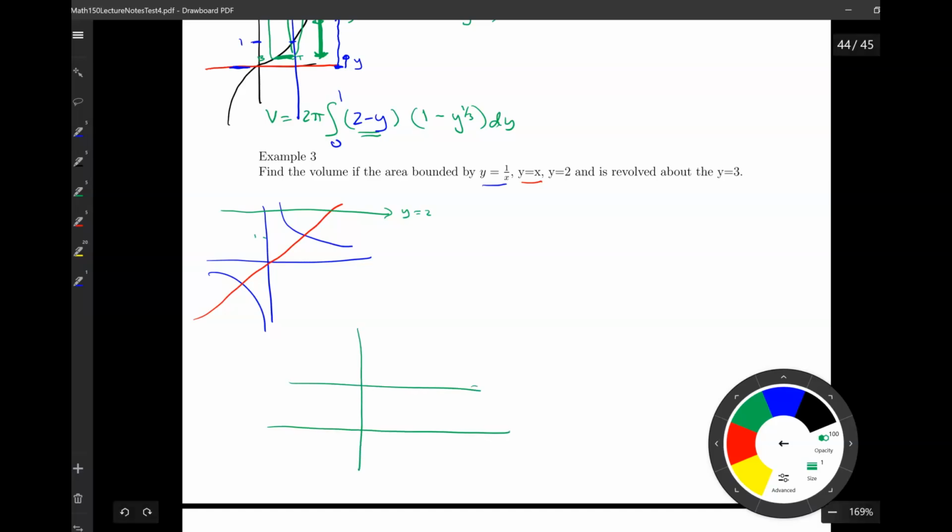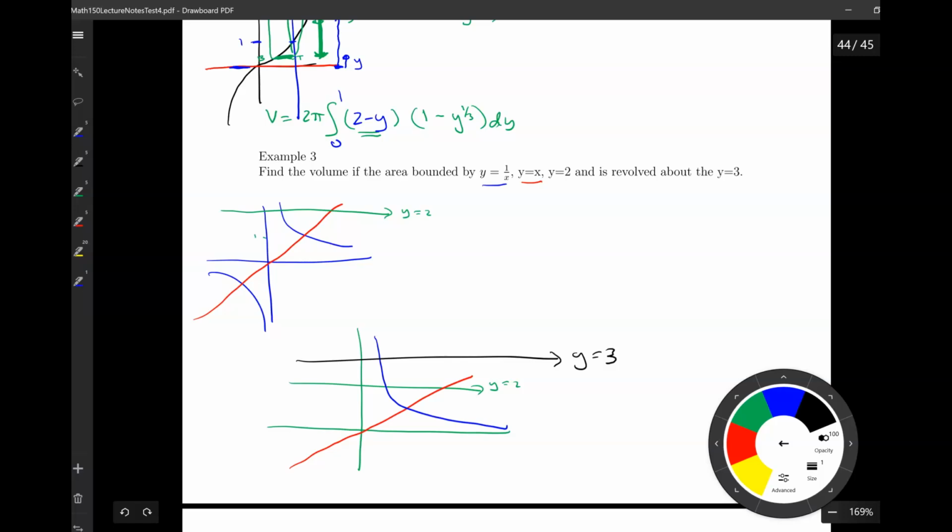So y equal 2 and y equal x, 1 over x. Okay, so I am revolving it about y equal 3 here.